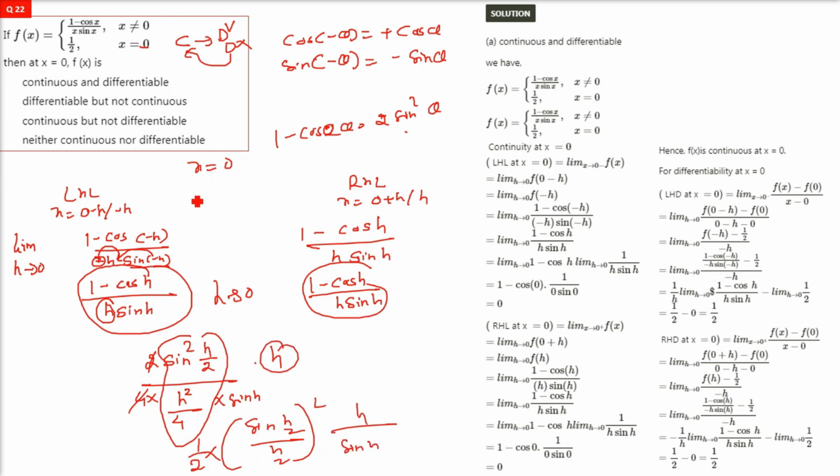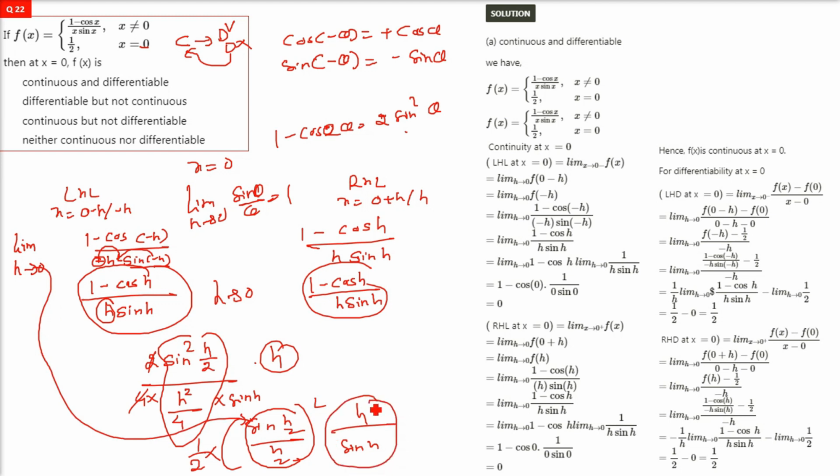When you apply the limit h tends to 0, sin theta by theta is equal to 1. So this is 1, and this is also 1. Both follow the same rule. So what is remaining is half. These are different solutions being provided, and on the internet you will find a number of solutions.